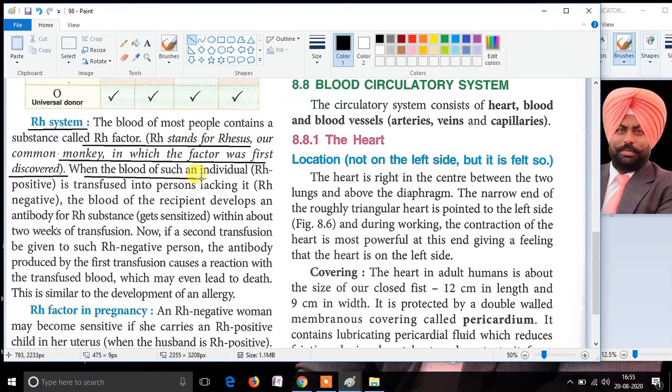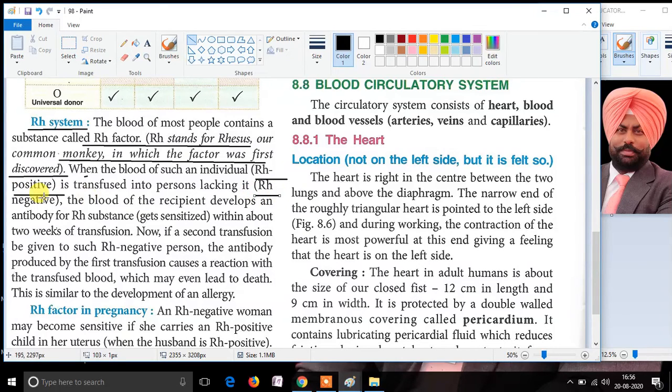When the blood of a particular individual is transferred to another individual, we have to count this Rh factor so that the transfusion can be done accordingly. According to the Rh factor, there are two types. The first is Rh positive and the second one is Rh negative.